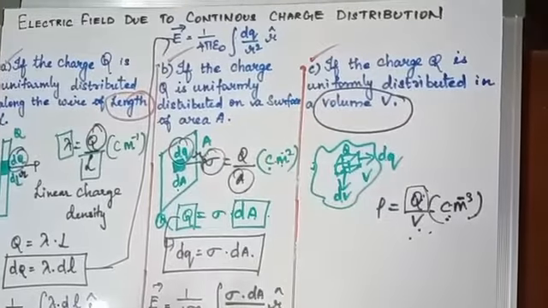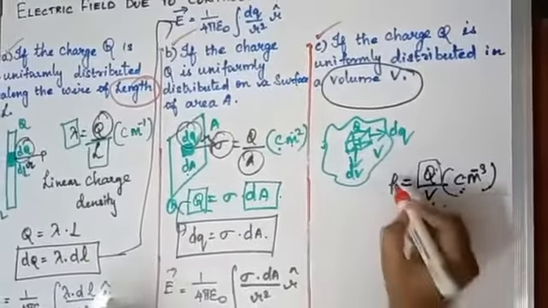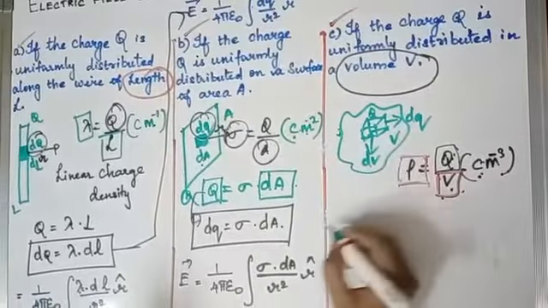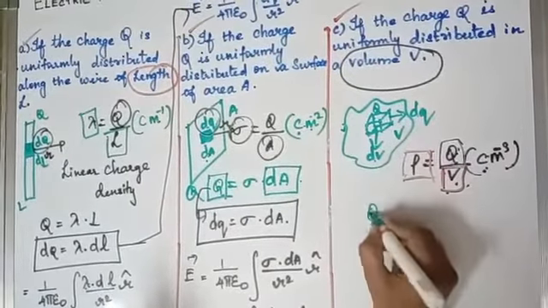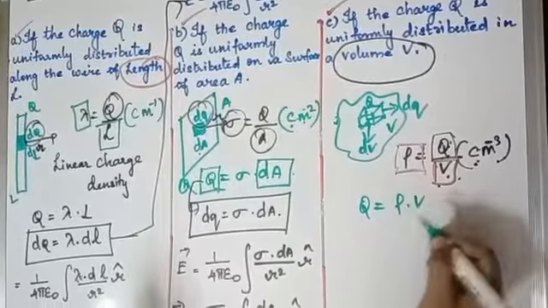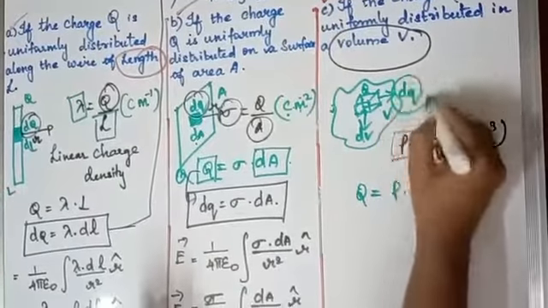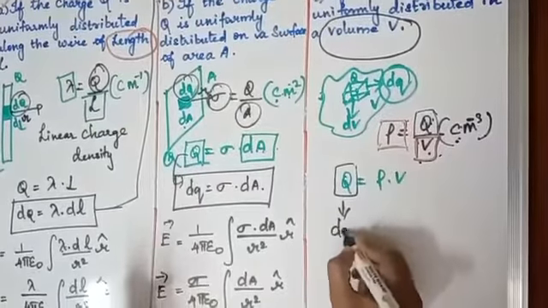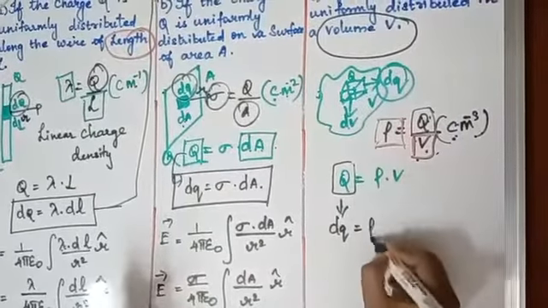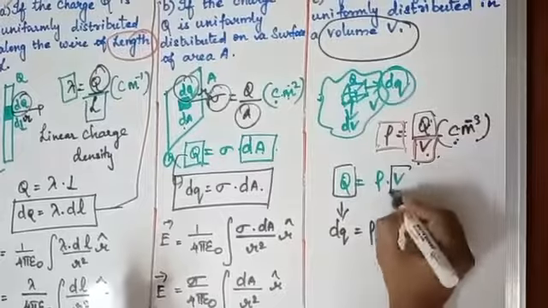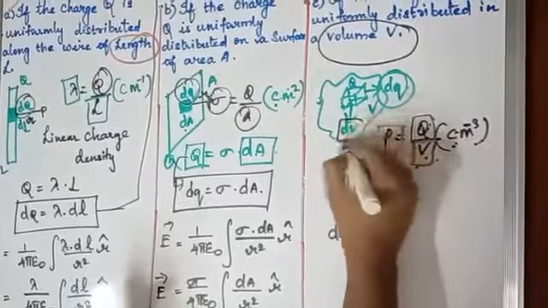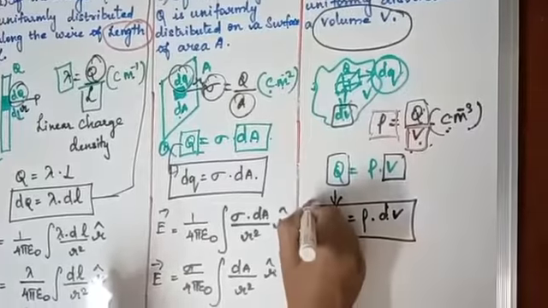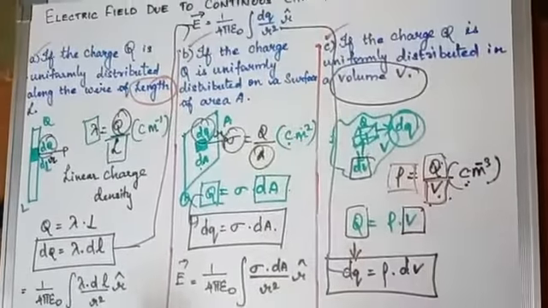Here also we do cross multiplication between these two values. So Q is equal to rho into V. Since we are taking a very small charge, dQ is equal to rho into dV. Now we substitute this into the equation.